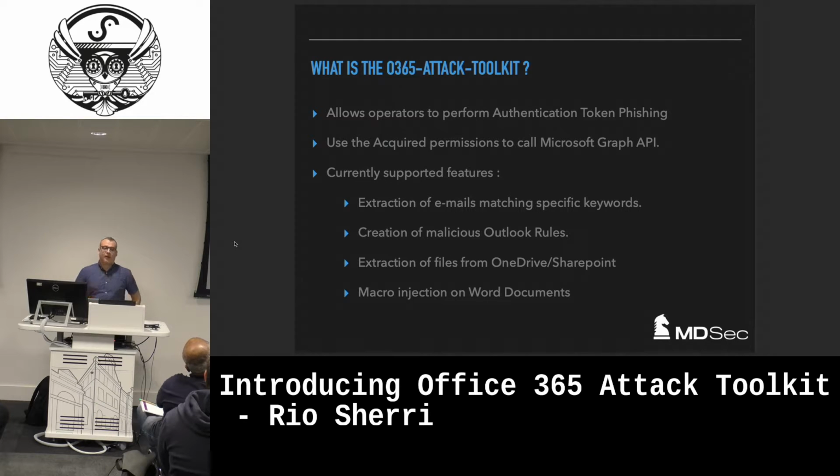And then after getting a valid access token, it will start to call the Microsoft Graph API and use the acquired permission that the user granted to perform actions on their behalf. The currently supported features are the extraction of emails matching specific keywords, the creation of malicious Outlook rules, extraction of files from OneDrive and SharePoint, and macro injection on Word documents.